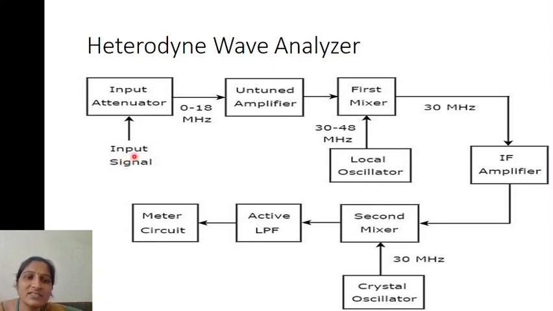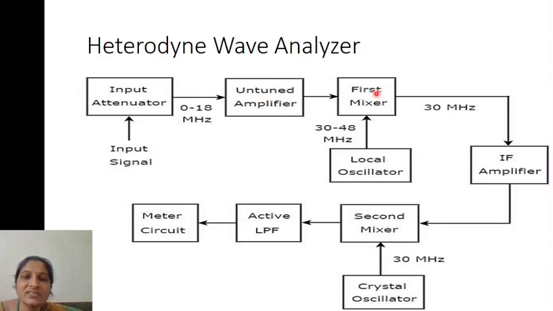The input signal is given to the input attenuator, so that high frequencies are allowed here in terms of megahertz. It will attenuate the other frequencies and allow only the high frequency components. If those components are weak, they can be strengthened by using the untuned amplifier here.